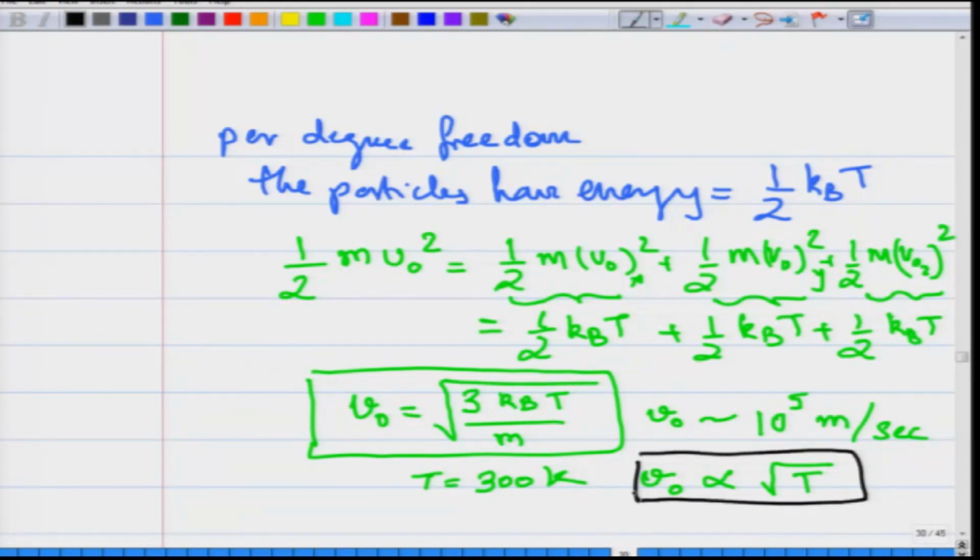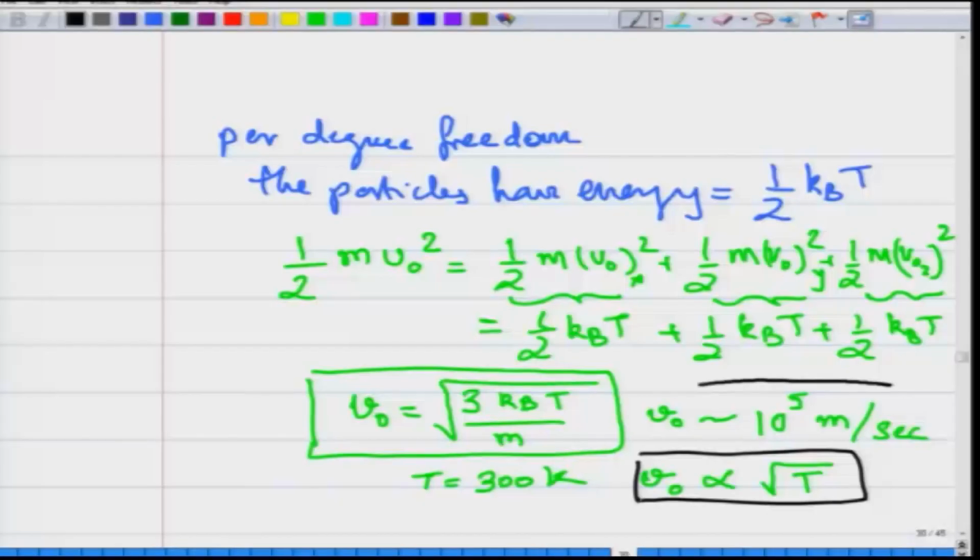So, this is one outcome of Drude's theory which you should know: the speed of the electron inside the solid changes with temperature, by the square root of the temperature. We will come back to that in a few minutes.